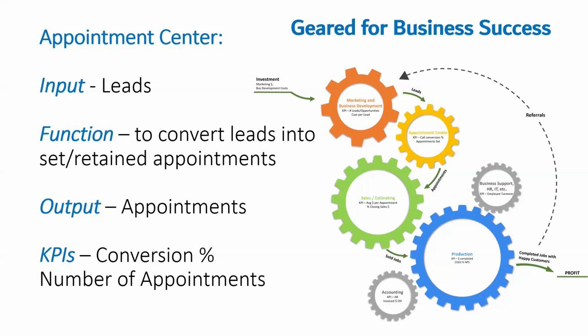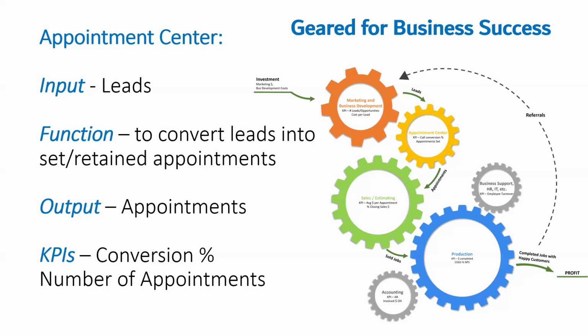And retained appointments means for things that are set farther out, we want to make sure that they don't cancel. So we put that on the appointment center function as well, because it doesn't do any good to set them and they cancel. If we don't get there, that did no good. It's about setting the appointments and retaining them, to make sure it's the appointment center's responsibility to get someone out there. And so their output, therefore, is of course appointments, and it's appointments that we retain and we run.